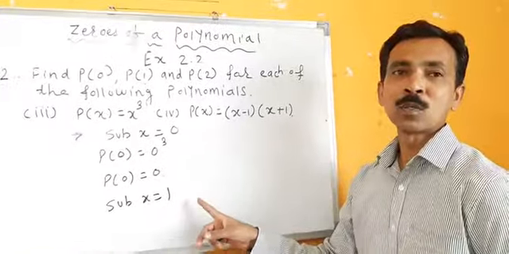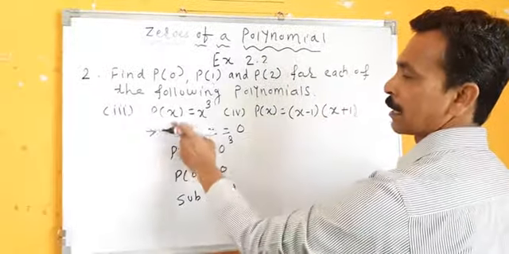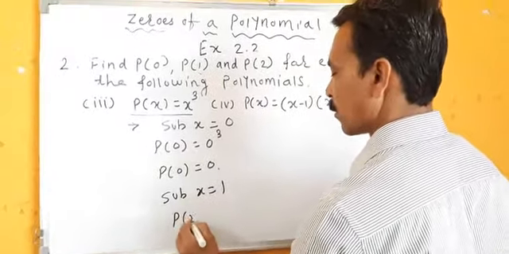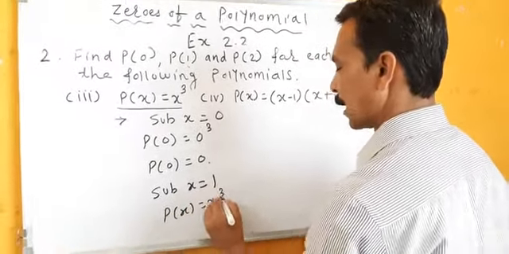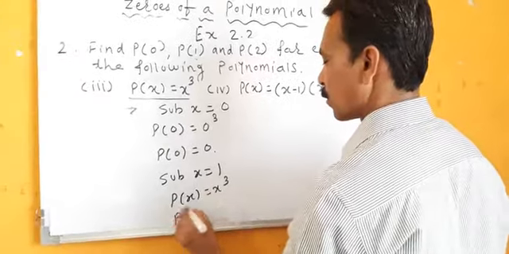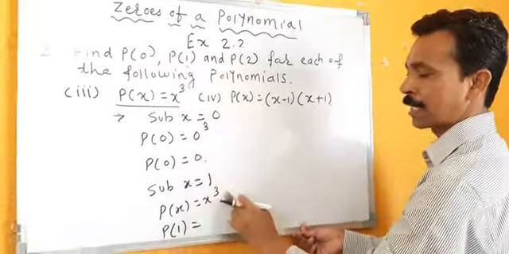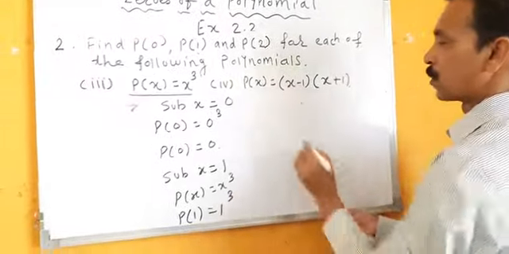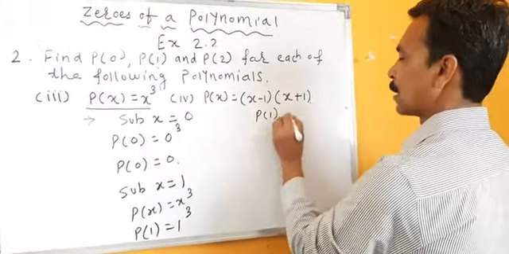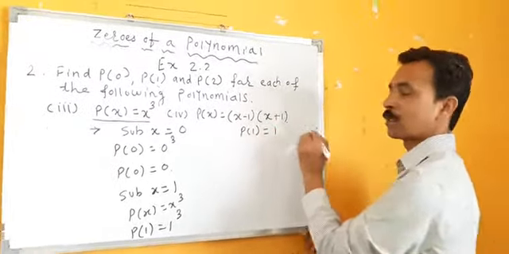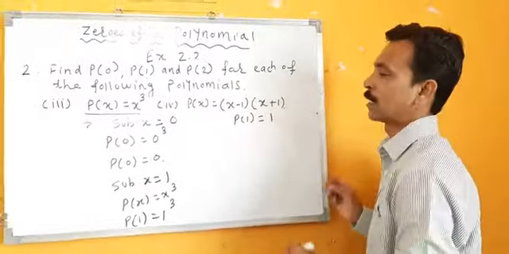X is equal to 1, in this polynomial, P of x is equal to x cube. P of 1 is equal to x cube, which means 1 cube. So P of 1 is equal to 1 cube, which is 1. Don't write 3. Okay? 1 cube is 1.